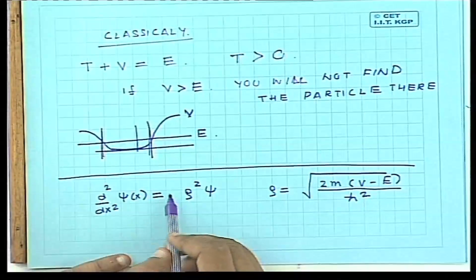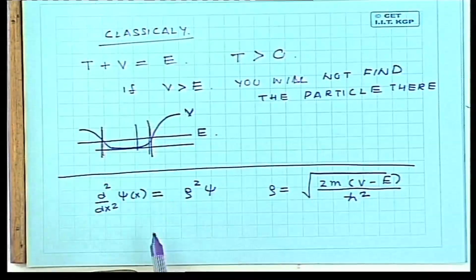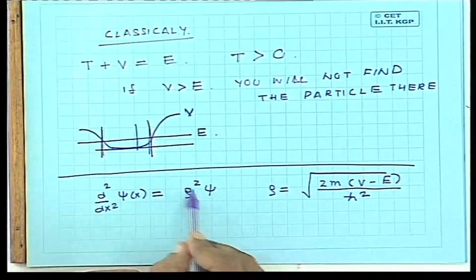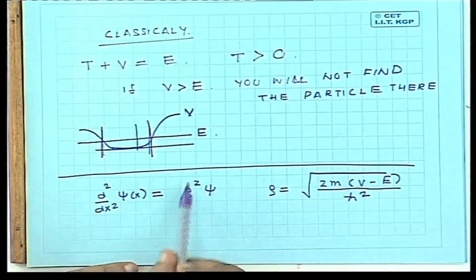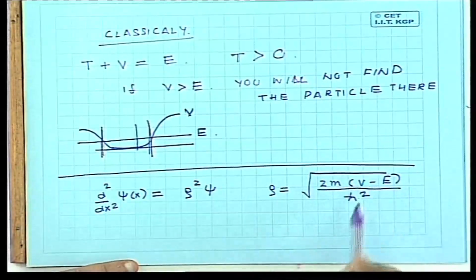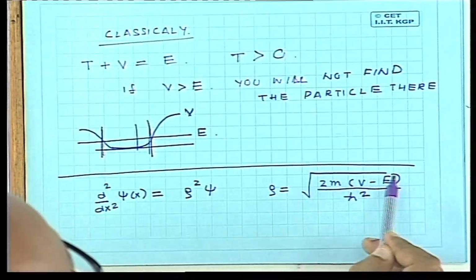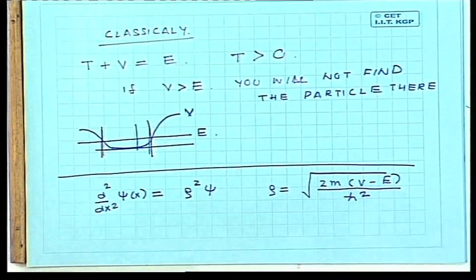So the only difference is that we had a minus k squared, now we have plus rho squared, and the minus sign has gone into this over here. Now we have V minus E instead of E minus V.